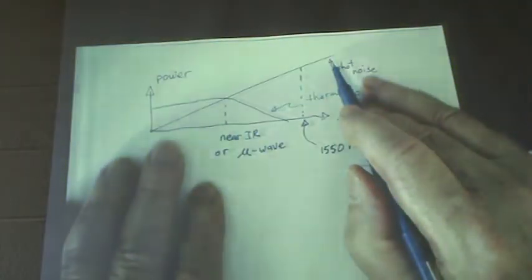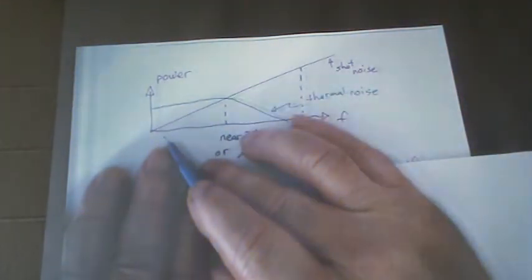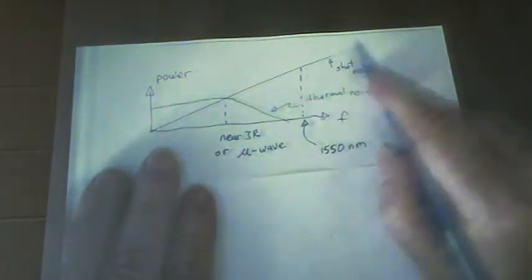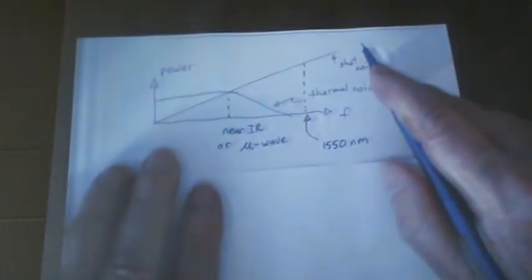Here's an example of some spectrum. Amount of power is a function of frequency. This shot noise just keeps going up and up. It's linear with frequency. So at low frequencies, there's not much shot noise at all. At higher and higher frequencies, shot noise just keeps getting stronger and stronger. Let's contrast that with thermal noise, which is like, rub your hands together.